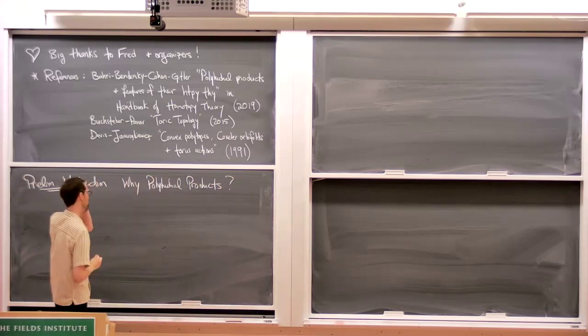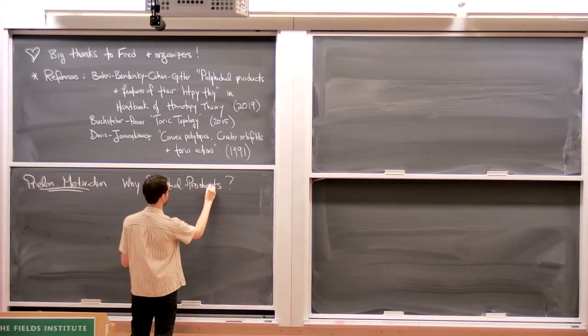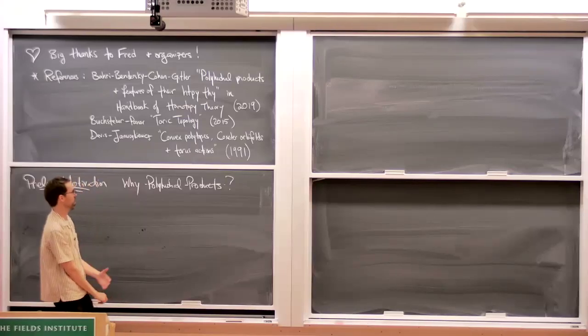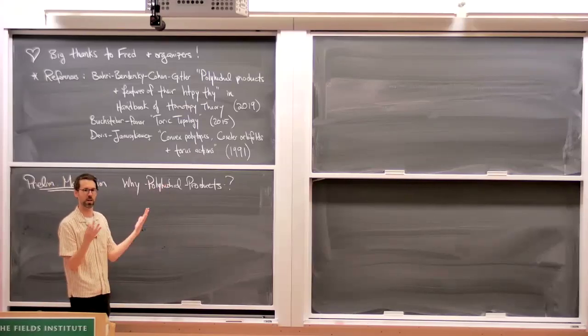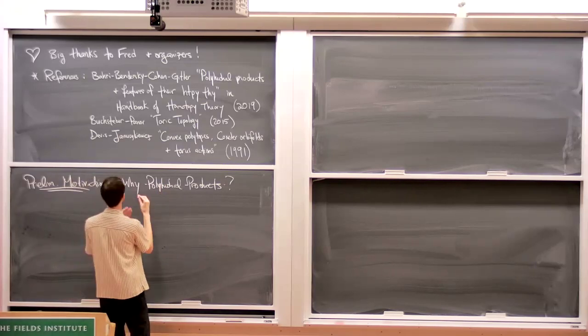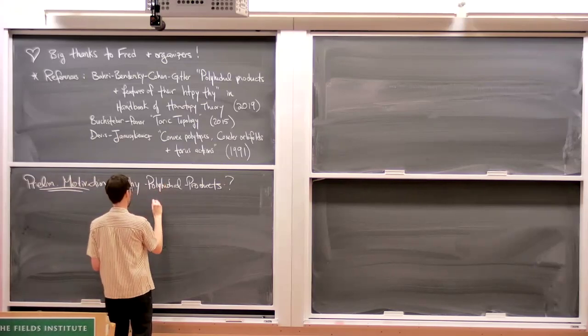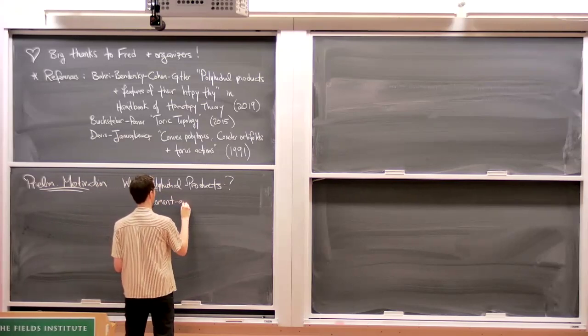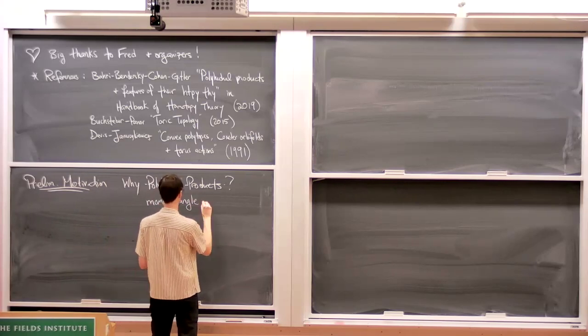I'm just going to immediately reject this question as too broad because it includes, for example, why care about products or coproducts in some category. So instead, the best studied polyhedral products are the ones that come up in toric topology that are called moment angle complexes and moment angle manifolds.